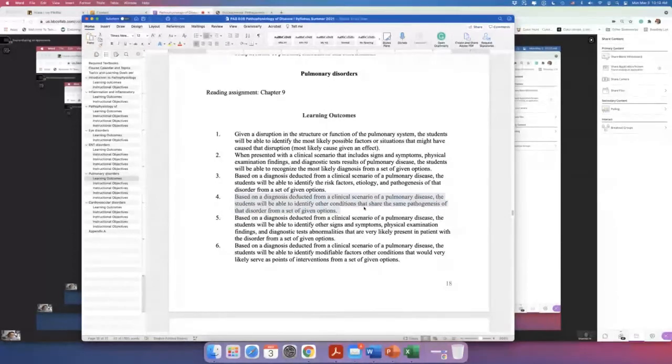So we give you some other diseases, without including pneumonia, and ask you which of the following conditions share or have a similar pathogenesis to the disease that we are talking about here.